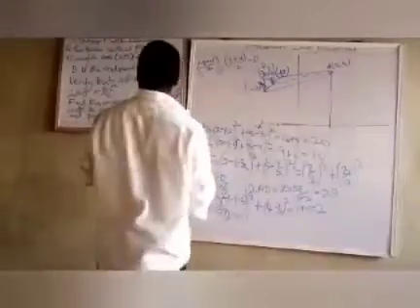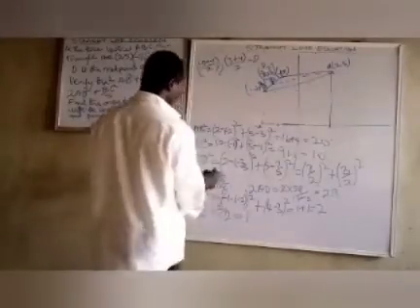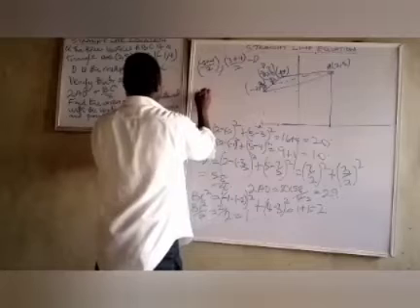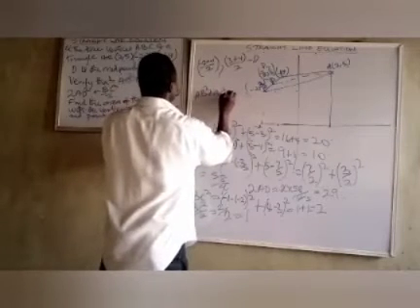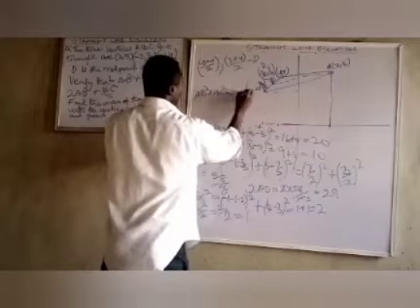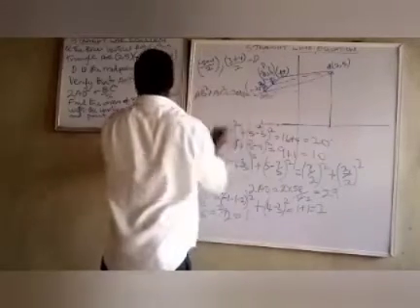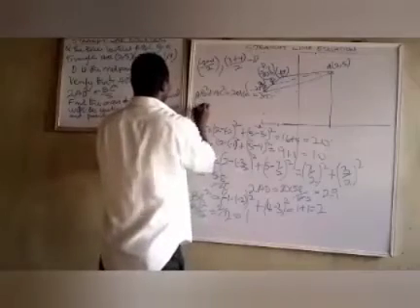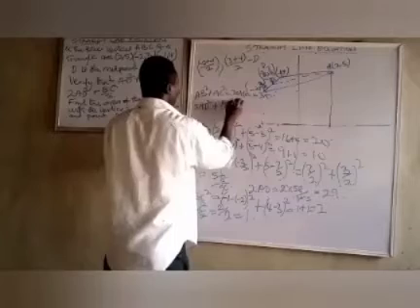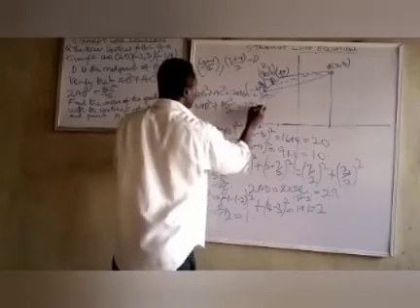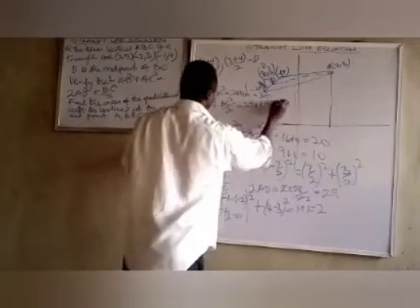At the end of the day, let us add all this together. AB squared plus AC squared is going to give us 20 plus 10. That is 30. 2AD squared plus BC squared over 2 will be 29 plus 1, which is 30.